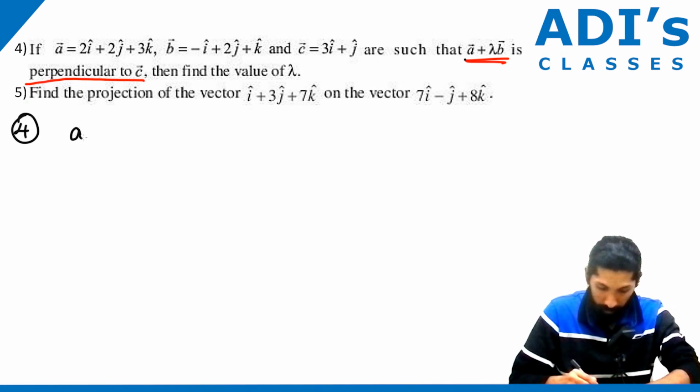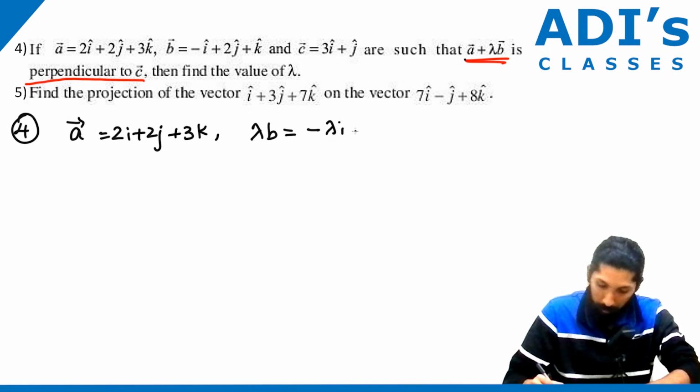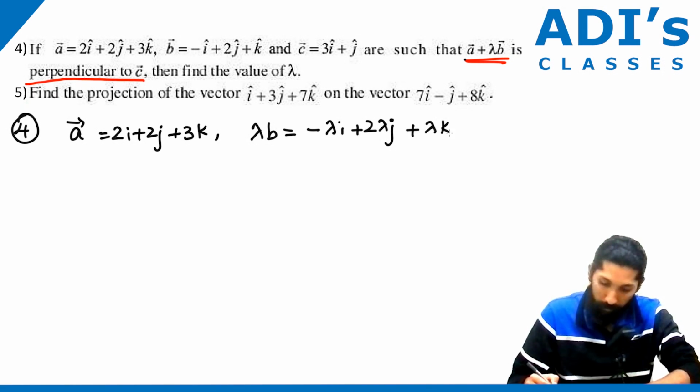So vector a is nothing but 2i plus 2j plus 3k, and lambda b becomes minus lambda i plus 2 lambda j plus lambda k.